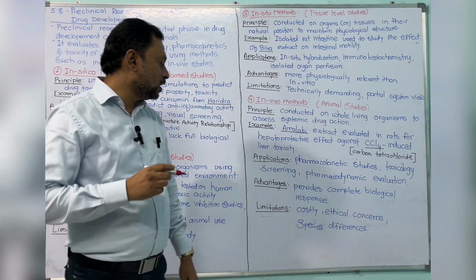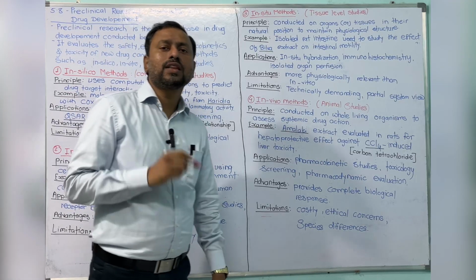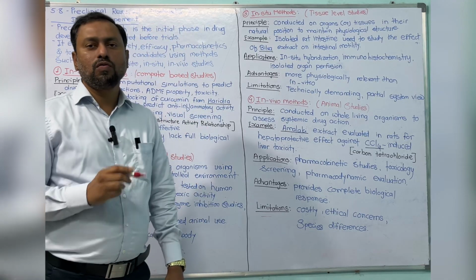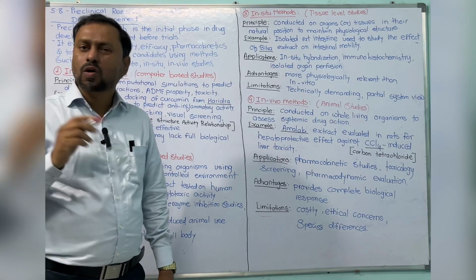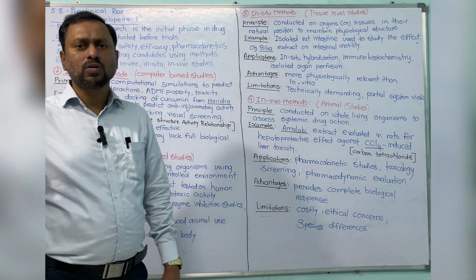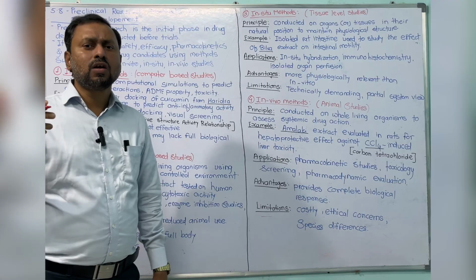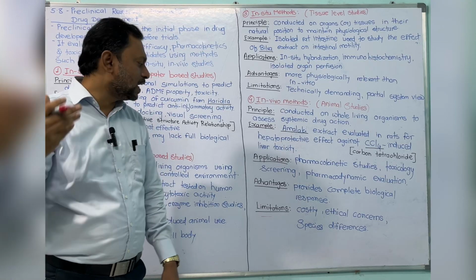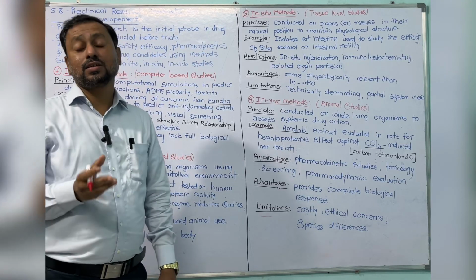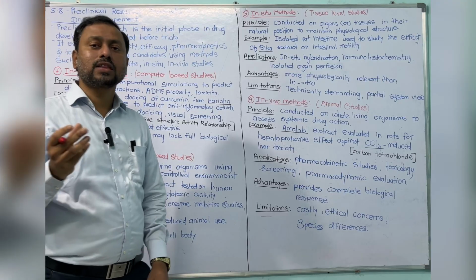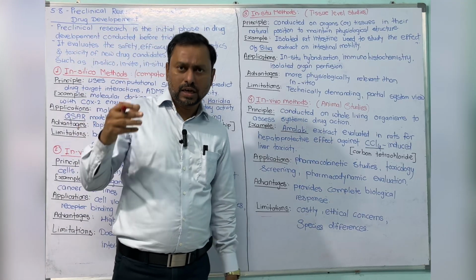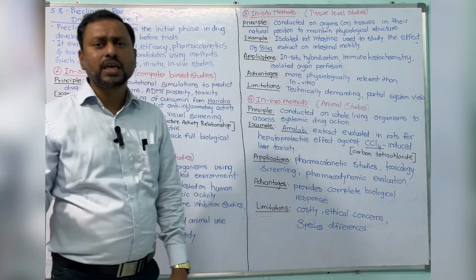Lastly, the limitations. What are the limitations of in vivo methods? It is costly, because we have to collect the rats and go to the animal house. There are ethical concerns, because we have to take permission from the animal ethical committee.